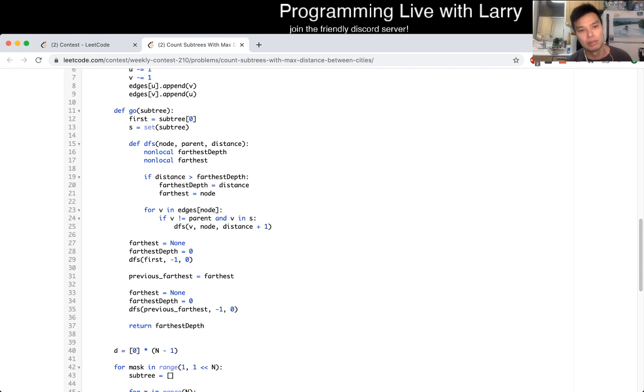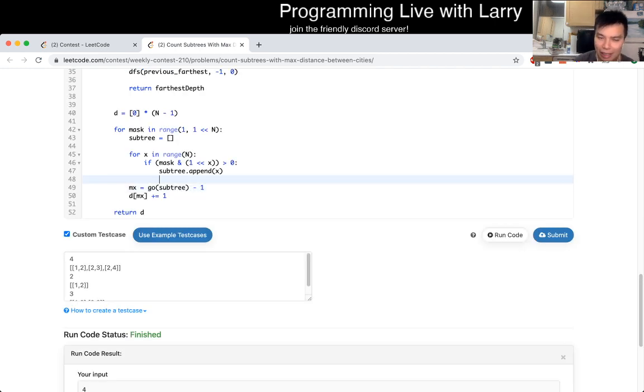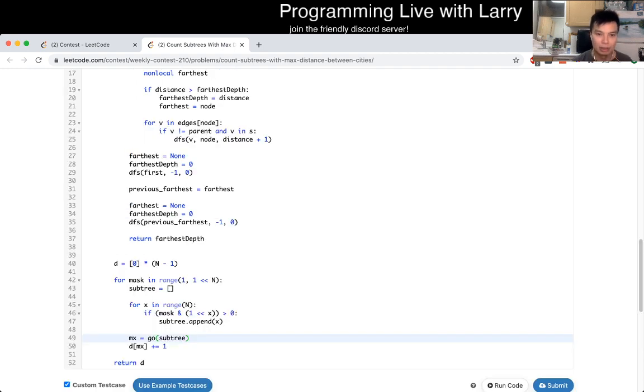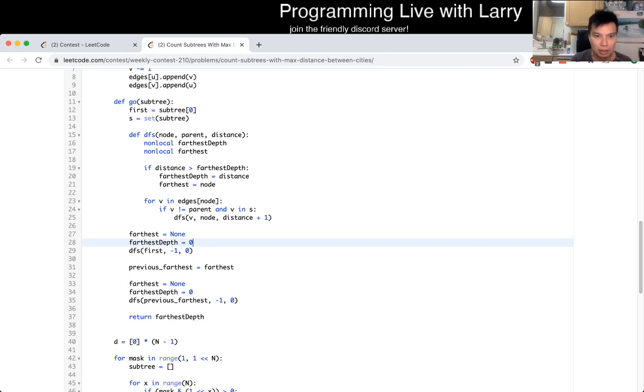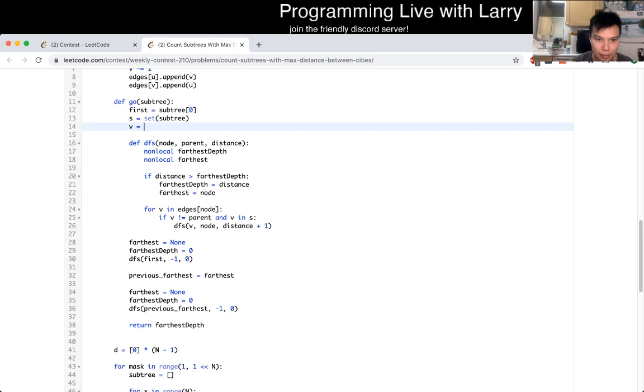Oh, I know. Because I have to check that this is connected. I remember thinking about it, but I forgot. Okay, I have to see that it's connected. We're using one-character variable names.